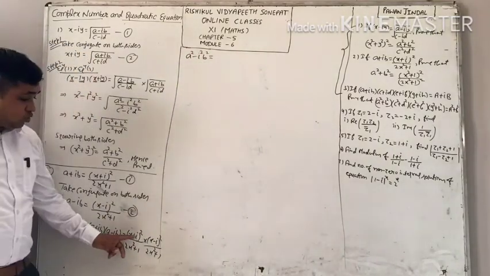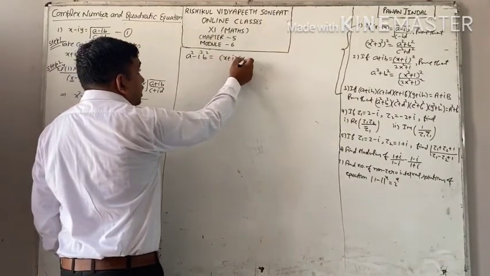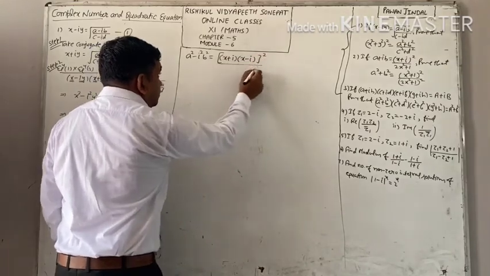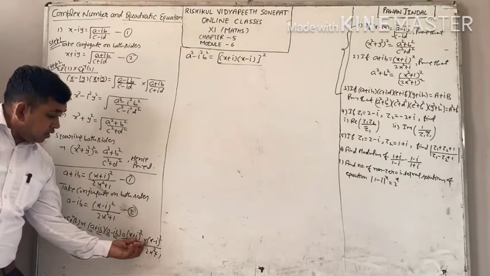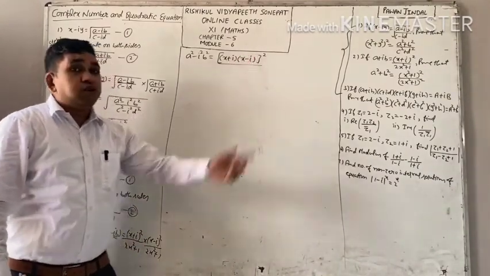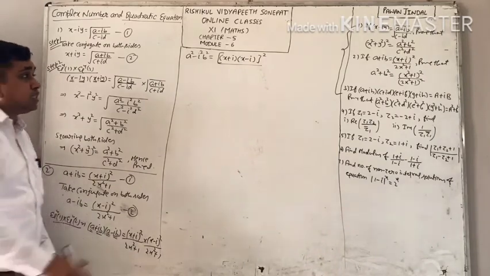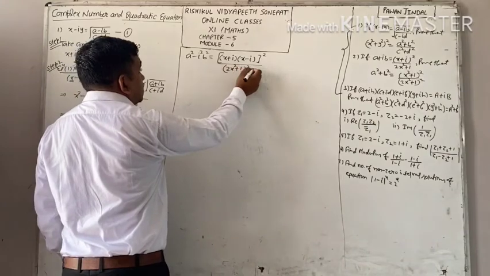Now combine these two terms. You will get ((x plus iota) into (x minus iota)) whole square, because whole square is there in both. Take whole square together. In the denominator you can see 2x square plus 1 is also there, so you can write it as (2x square plus 1) whole square.